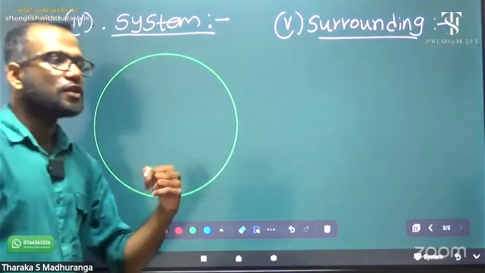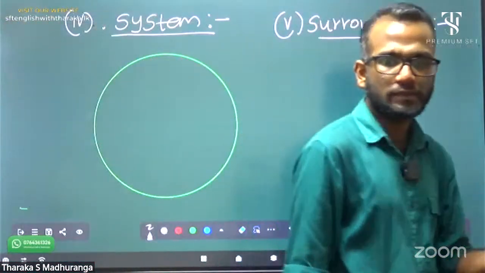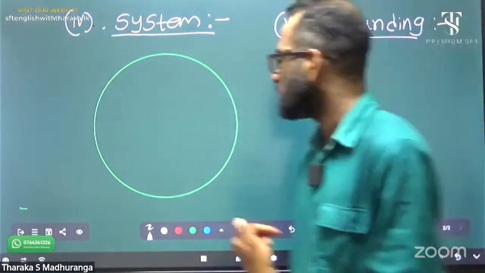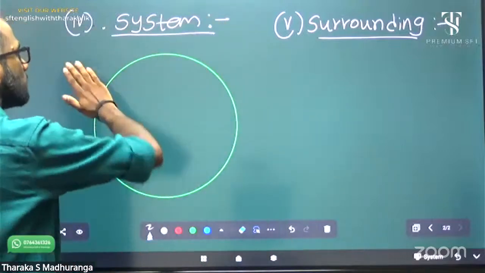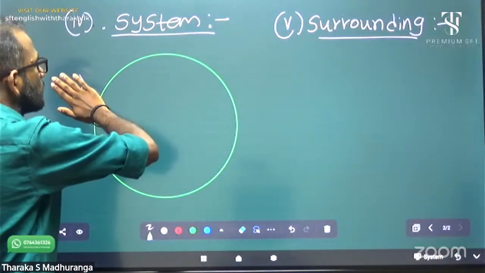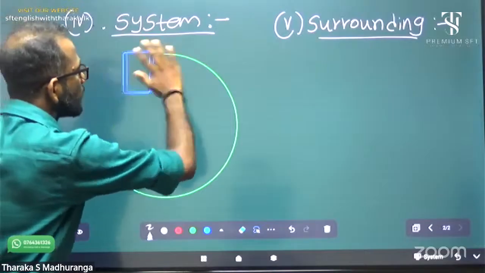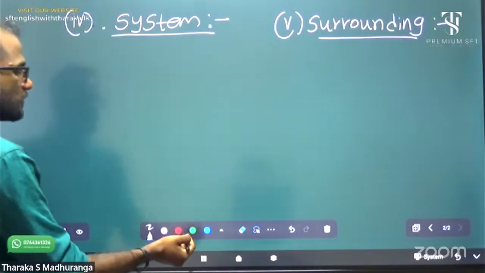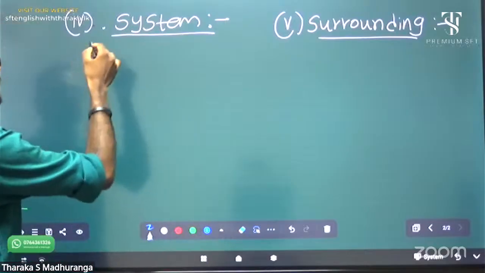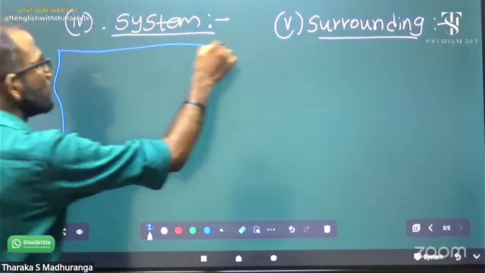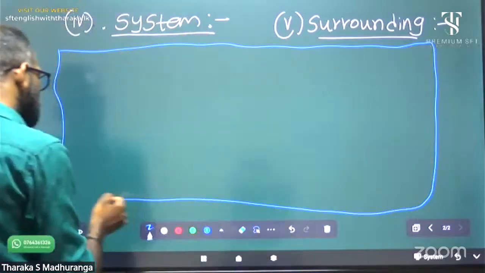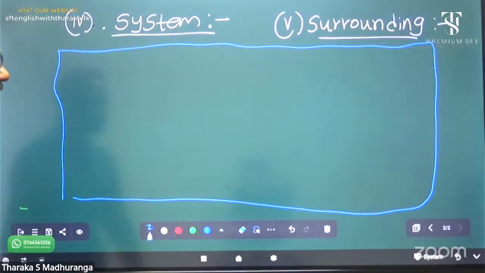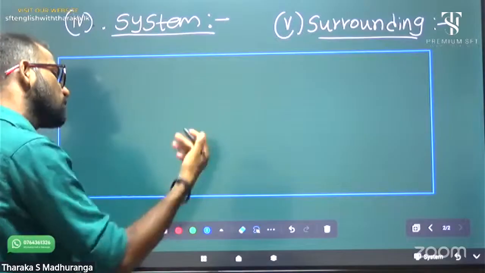Okay, what's the meaning of surrounding? It's a very simple thing. You can understand everything from this diagram. Think this is the universe, completely the universe.